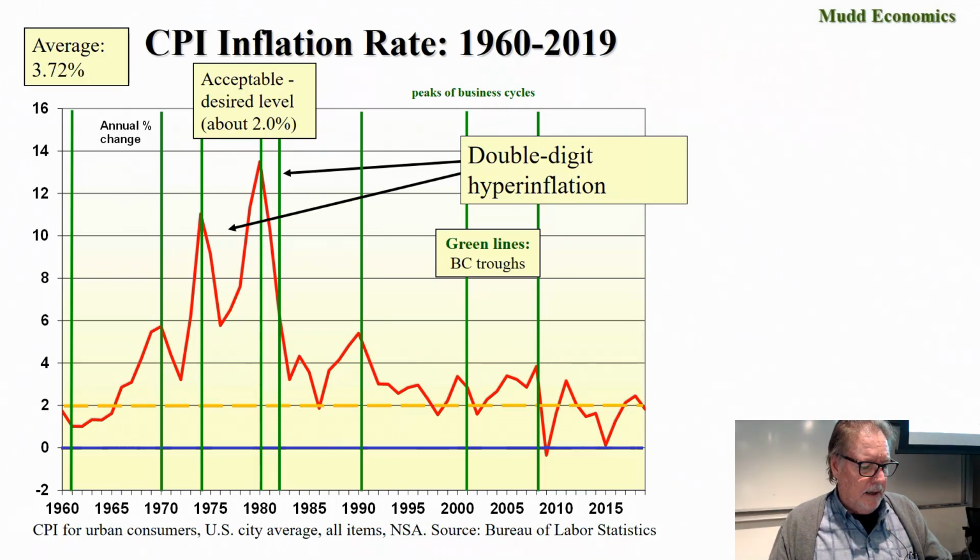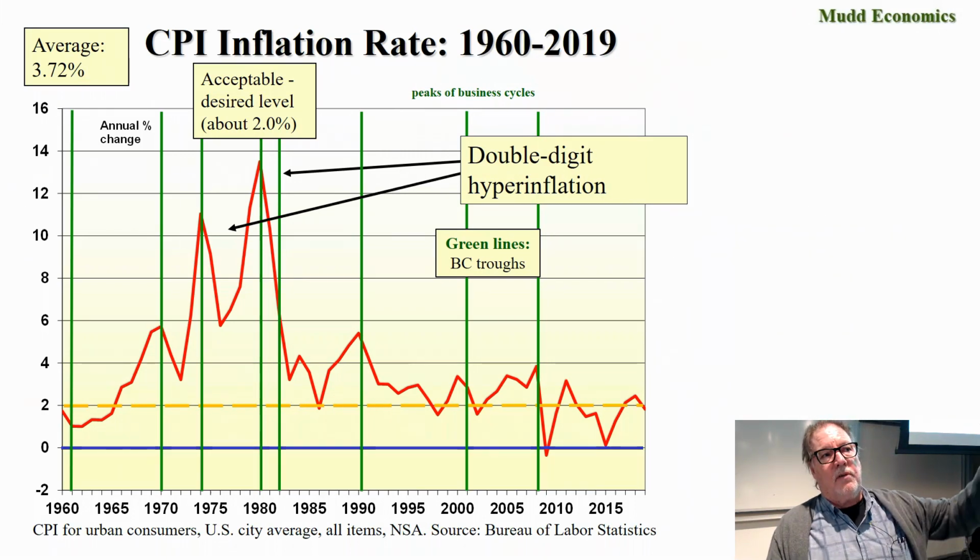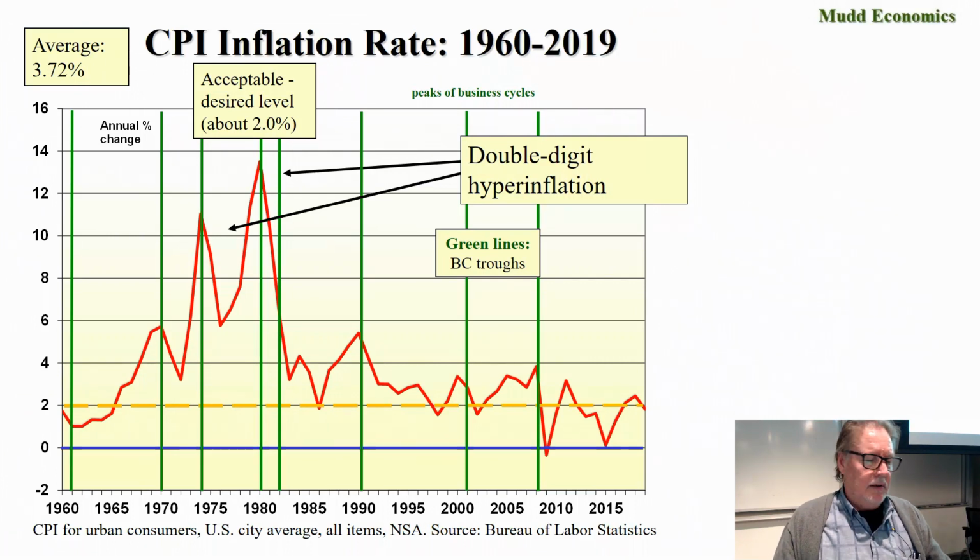The CPI in 1974 was at about 11% for the year, and then it came down, and then it respiked to an even higher spike in around 1980 or so, 1979 and 80. It was rising during 78, 79, and spiked in 1980, and that was above 13%. We refer to that as double-digit hyperinflation because anything above 10% is hyperinflation.